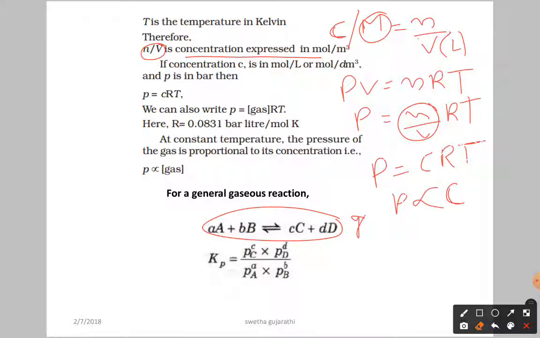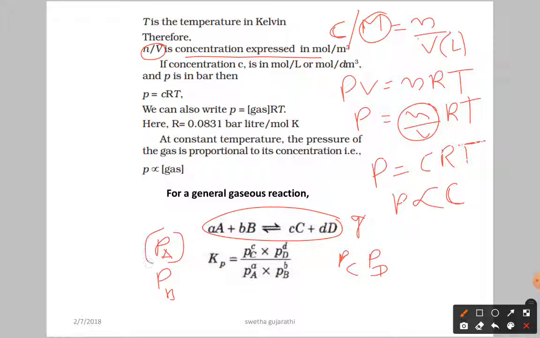That is, Kp equal to the partial pressure of C. In this equation, the partial pressure of C we write as Pc, the partial pressure of D as Pd with the subscript D, the partial pressure of A as P with the subscript A, and the partial pressure of B with the subscript B. According to the law of chemical equilibrium, each concentration term is raised to its coefficient.